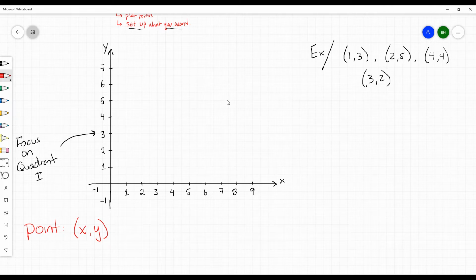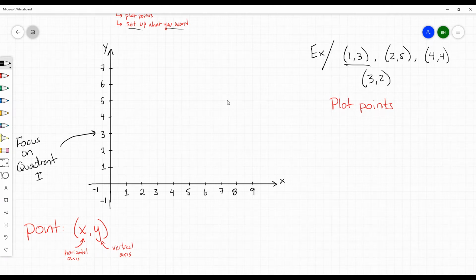And when we go to plot a point, we have to associate the numbers here with the horizontal axis, which is considered the x, and then our vertical axis, y. And so if we want to end up plotting these points, we should be able to take each of these values one at a time and go ahead and plot them.